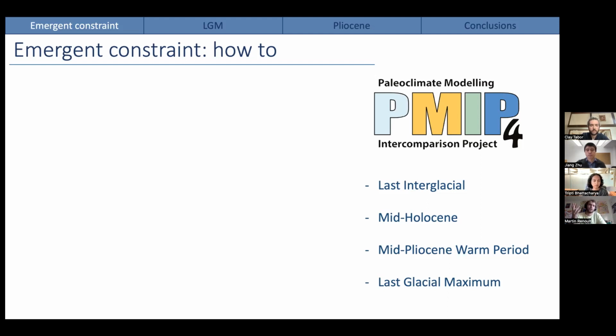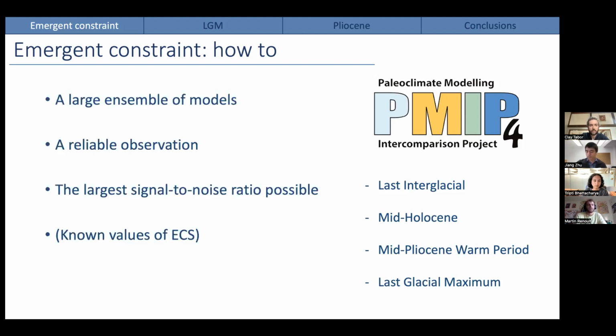And when you try to apply emergent constraint and you want to use those paleoclimates, there are basically 4 main aspects that you really need to take into consideration. The first is that you always want the largest ensemble of models possible, because emergent constraint is based on statistics, so you really want to avoid large intermodel differences and outlier effects.